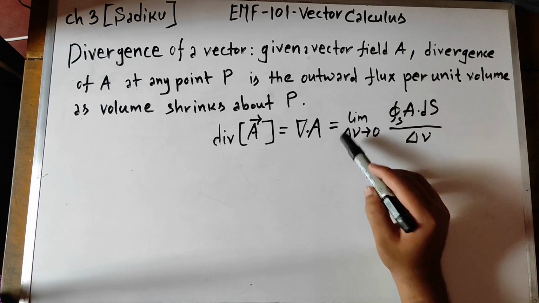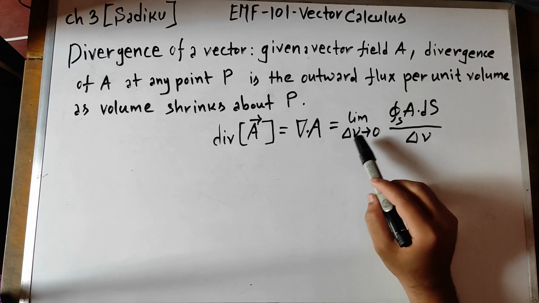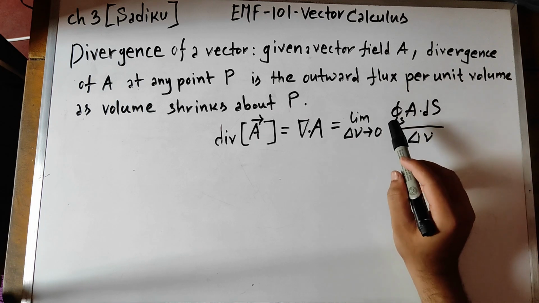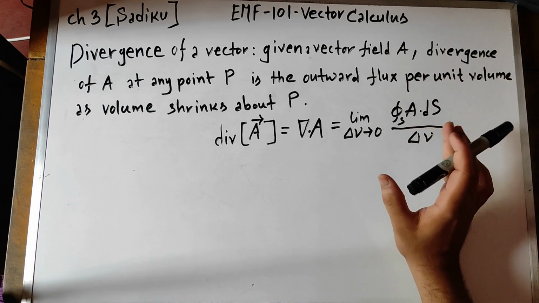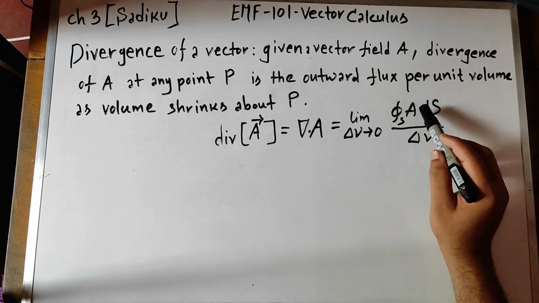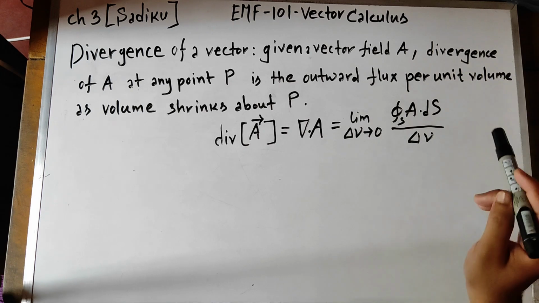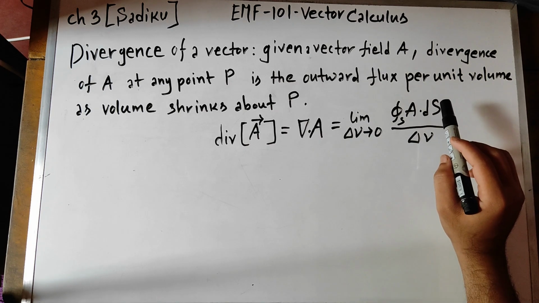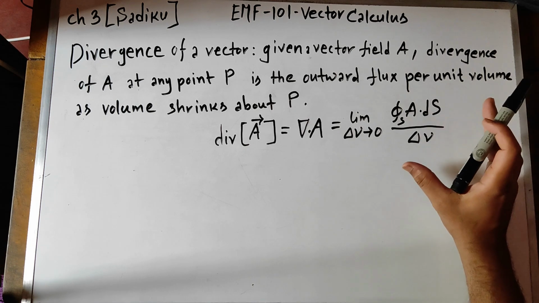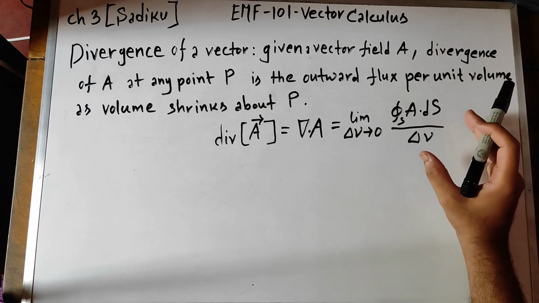By definition it can be expressed like this: the limit as the volume goes towards zero of the outward flow of the vector field through the surface S is measured. So this is the full definition of divergence of a vector.